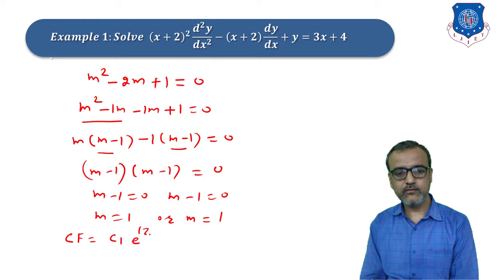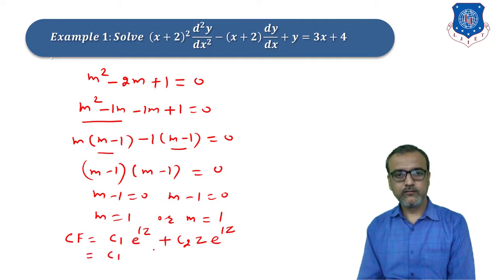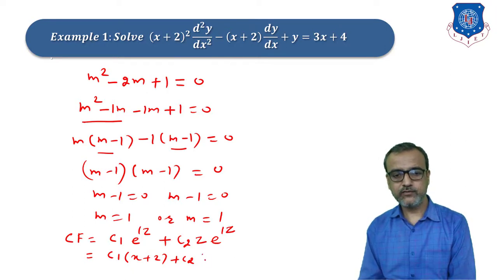So based on these two repeated values of m equals 1, we will write down CF, that is C1 e raised to 1z plus C2 z e raised to 1z, as this one is repeated. This is equal to C1. We have taken x plus 2 equals e raised to z, so replacing e raised to z by x plus 2, plus C2. x plus 2 equals e raised to z, so z equals logarithm of x plus 2, and e raised to z is x plus 2.